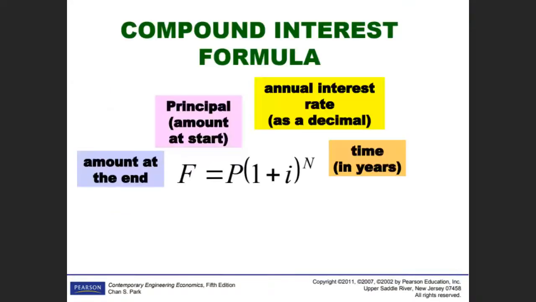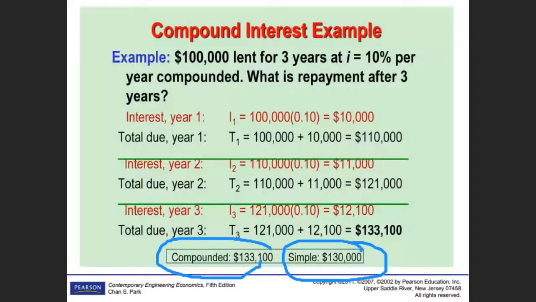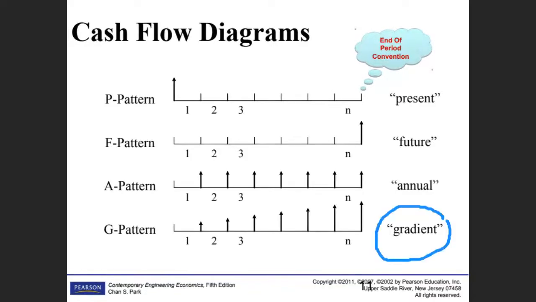Okay, so I'm just going back to show you some series. Did I explain this one? See here, what do you have? This is what you call a gradient. We already looked at the F pattern, everything is there. Gradient means it increases at some constant rate.